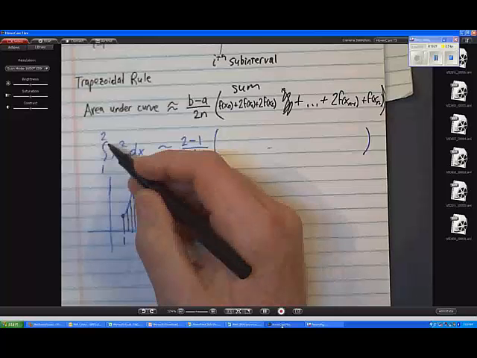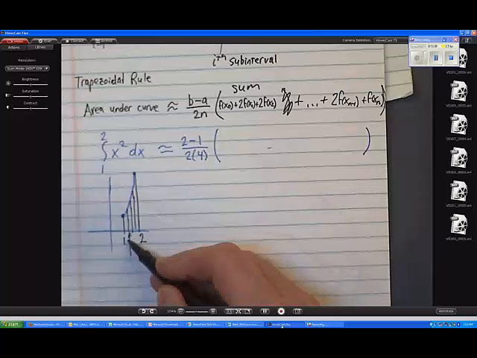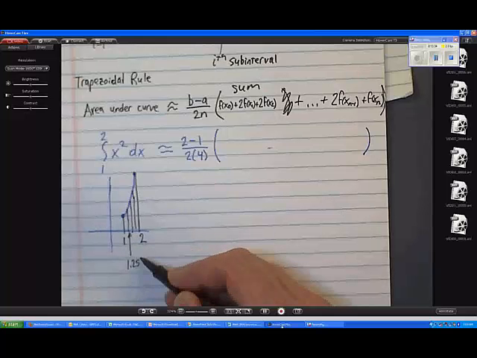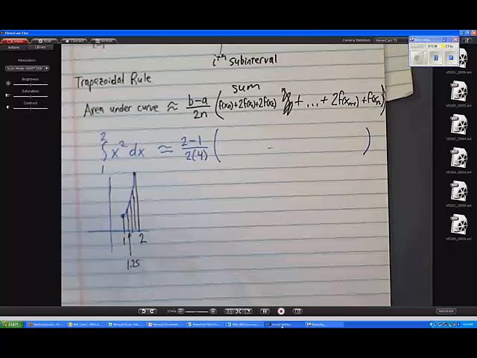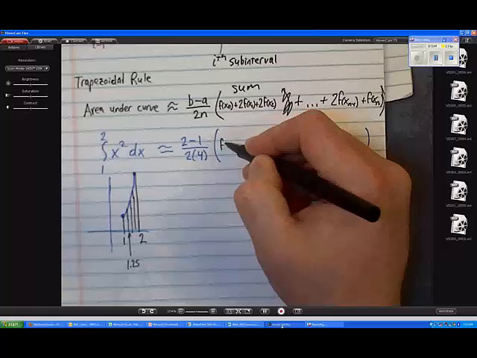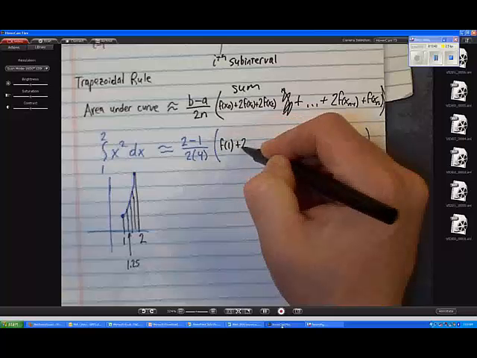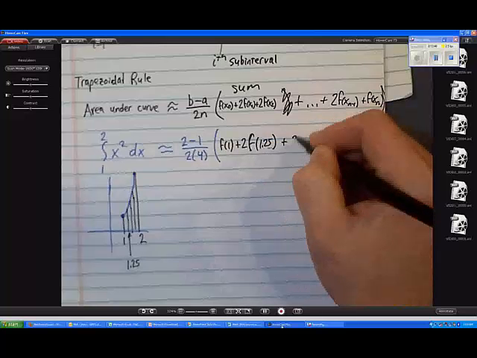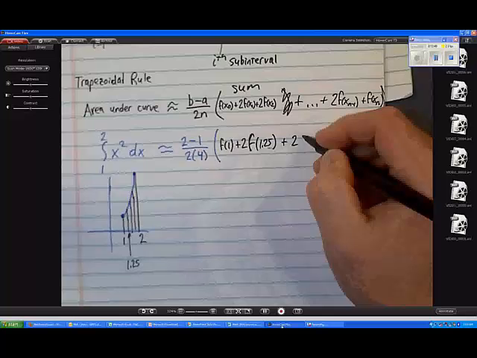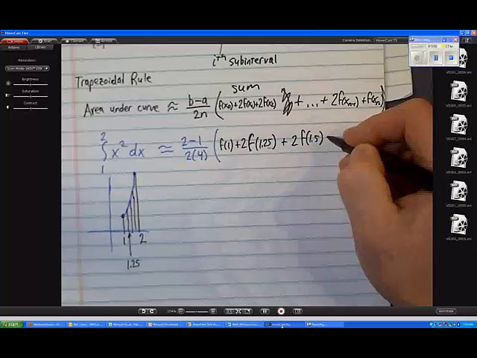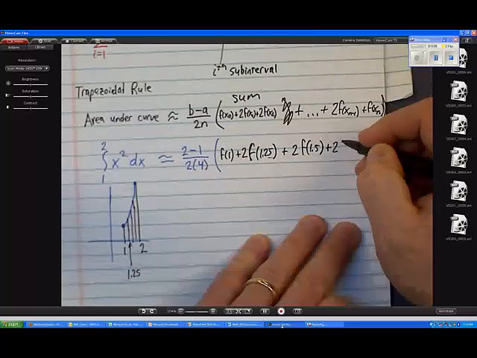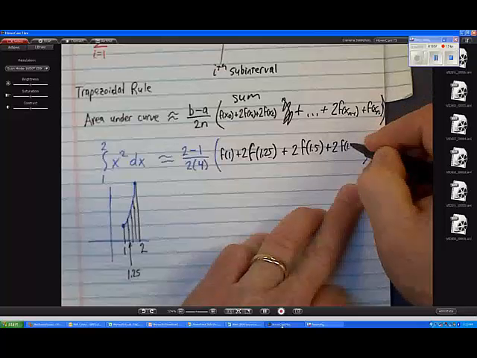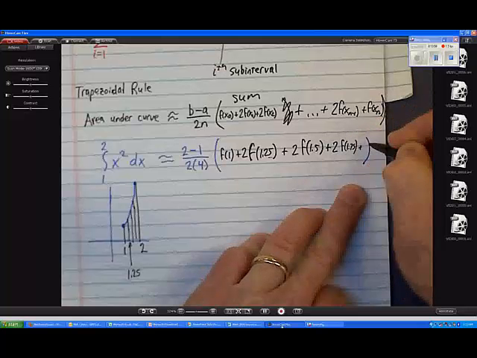Here's the telltale sign if you know what's going on. What's the second point going to be? 1.25. Is that okay? So we're going to have f of 1 plus 2 times f of 1.25 plus 2 times f of 1.5 plus 2 times f of 1.75 plus just f of 2.